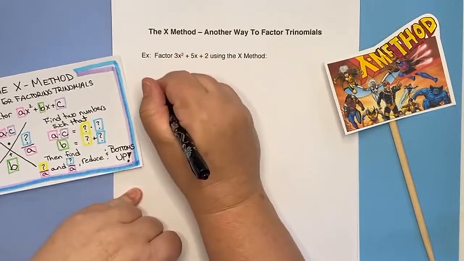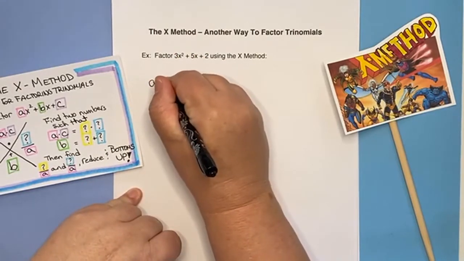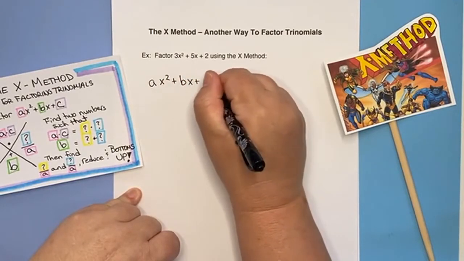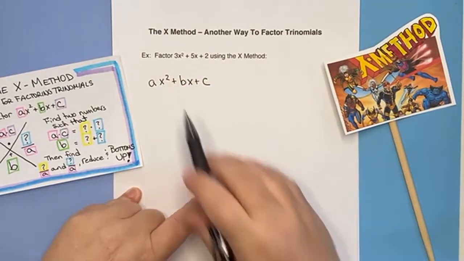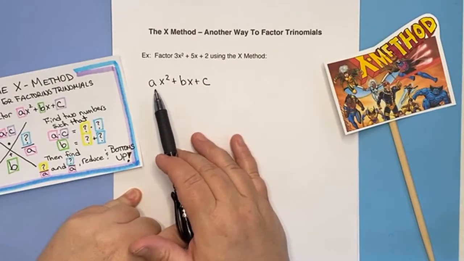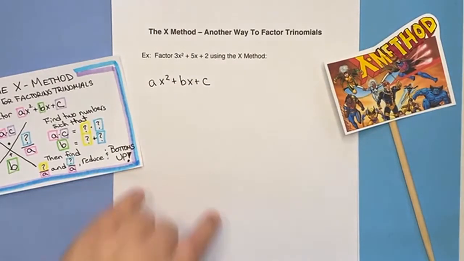So the trinomials we've been working with generally fall into the category of polynomials, 3 terms, hence trinomial, ax squared plus bx plus c. You do not have to use x as your variable. You could use pretty much anything you want.